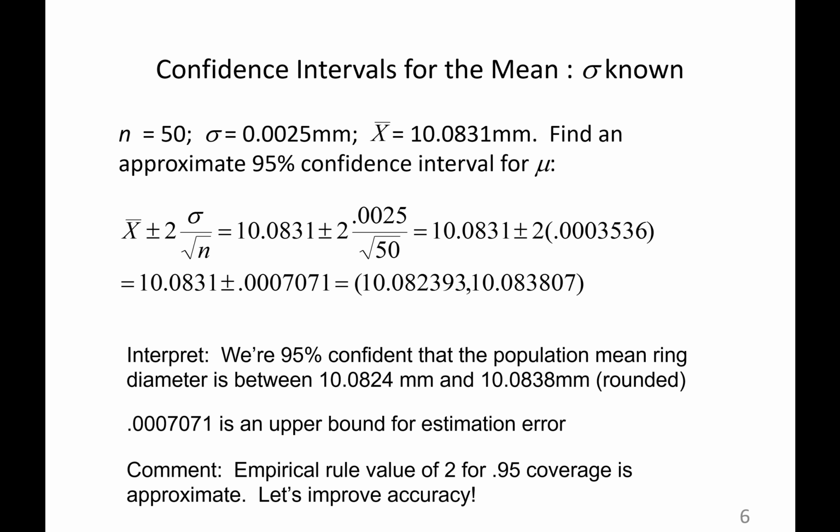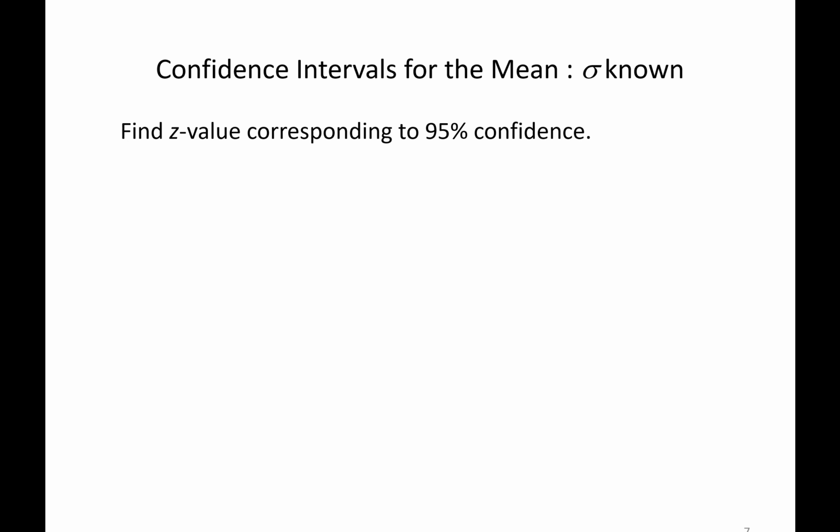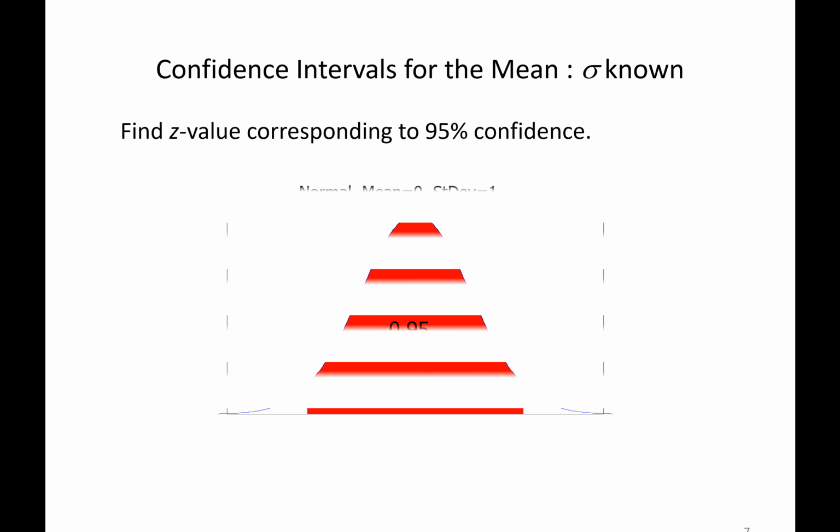Now we took this value of 2 from the empirical rule that says there's a 95% confidence or coverage level, and that is approximate. So let's do this a little bit more precisely. We want to use a z-value to find the exact number of standard deviations to give us 95% confidence.